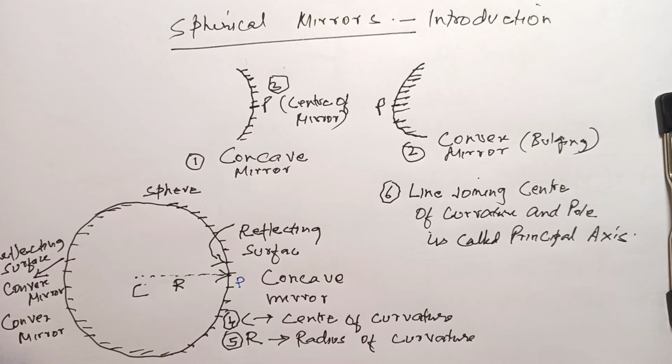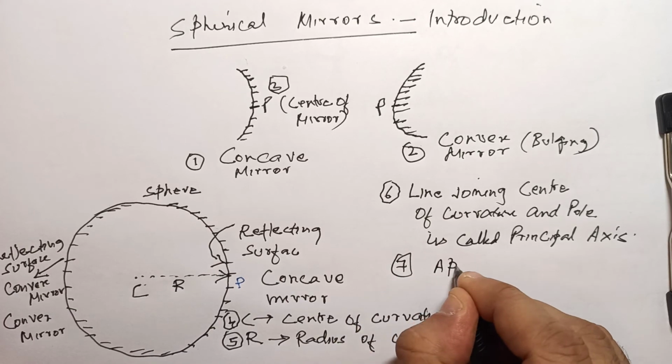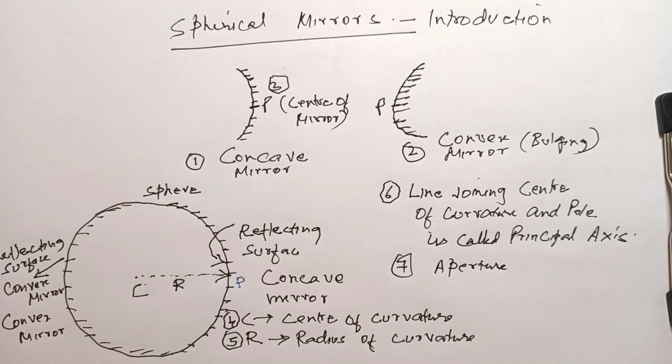But let me cover one more thing which I missed, which is aperture. Aperture of lens is the effective diameter of its light transmitting area.